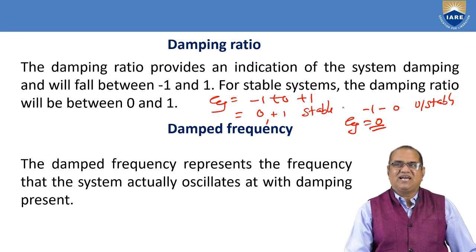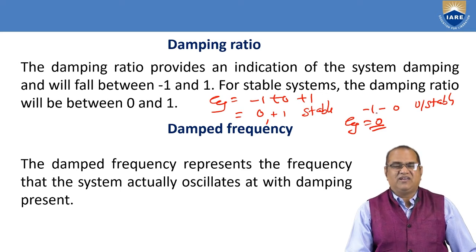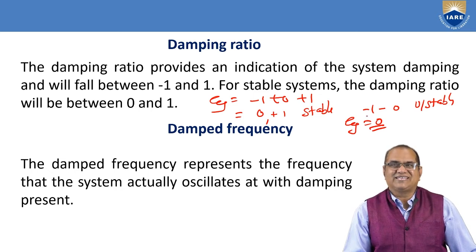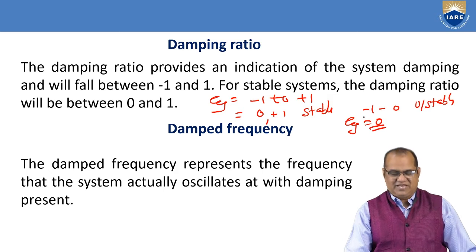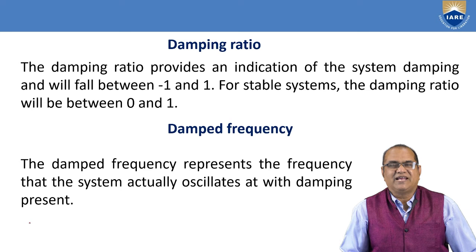If the zeta value is between -1 and 0, the aircraft is unstable. And if the damping ratio is 0, then it is neutrally stable. It will remain in the same position without disturbing anything. So this is the damping ratio.